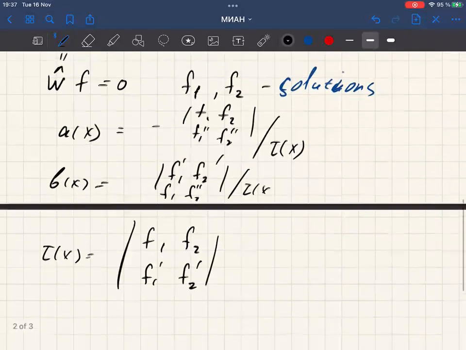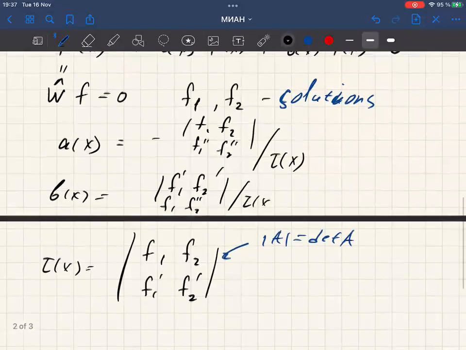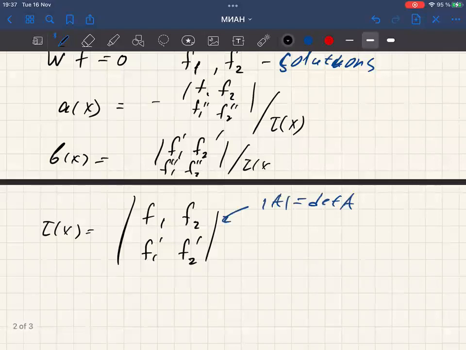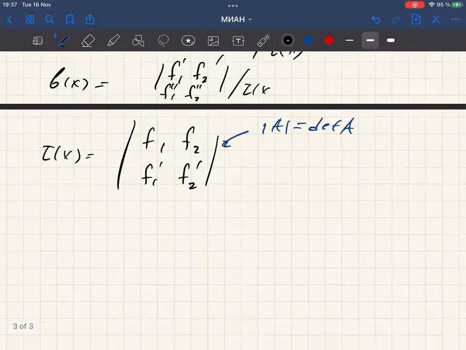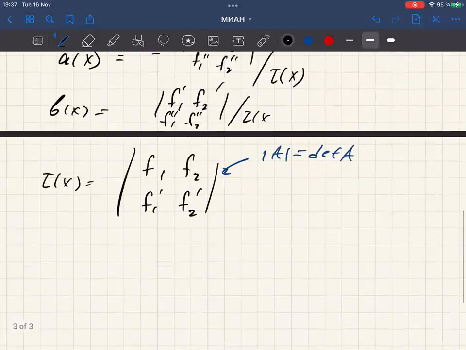This is the determinant. You forgot two primes in the expression for b of x. Yeah, sorry. Well, okay, this is very simple, and it is material for a second year student, I guess.